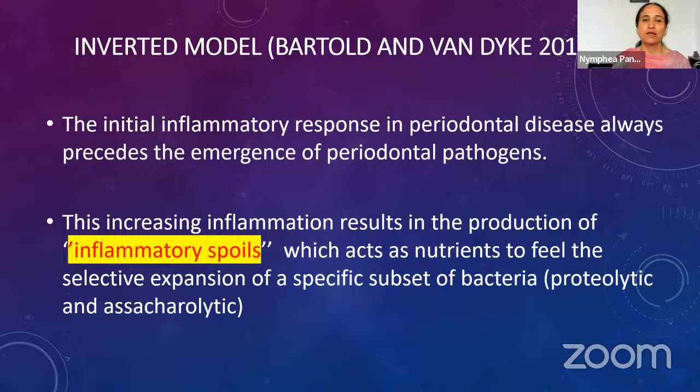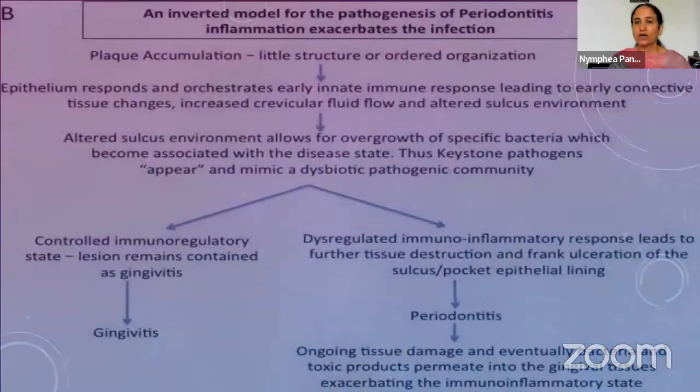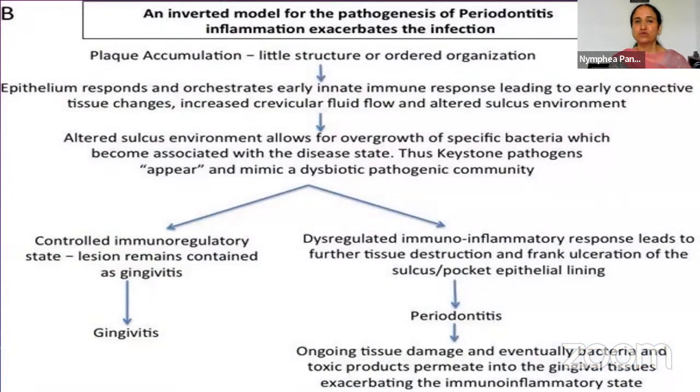If there is some inflammation and the milieu is full of nutrients, there is development of disease, because of the emergence of periodontal pathogens, organisms which are proteolytic and asaccharolytic. That means they degrade proteins; they don't use carbohydrates as a nutrient source.